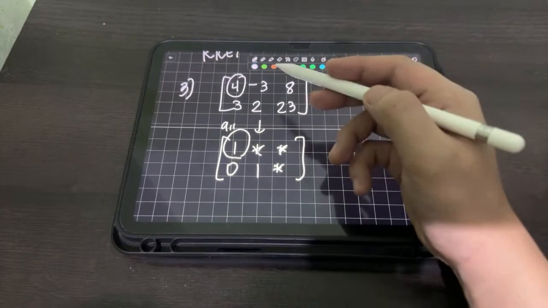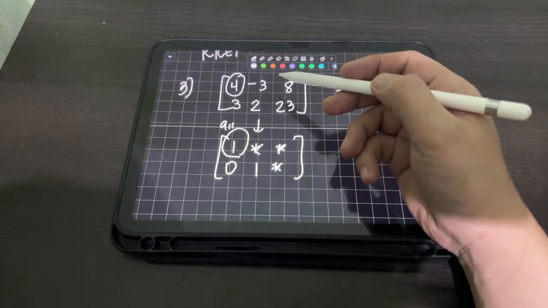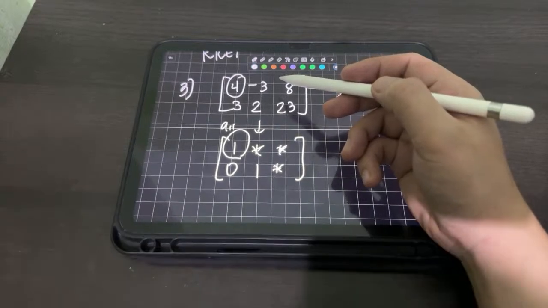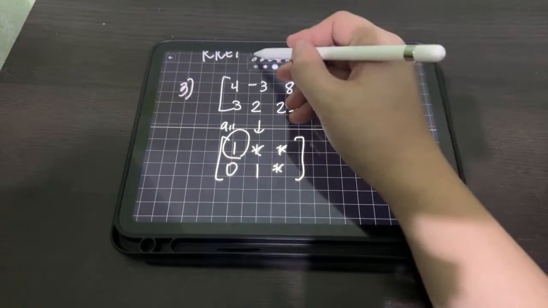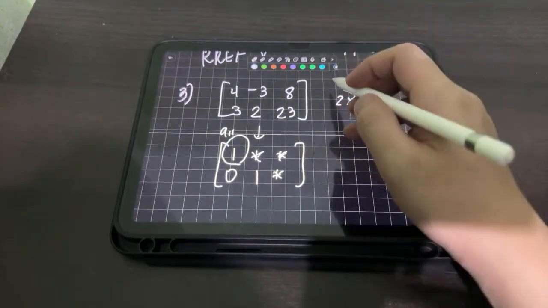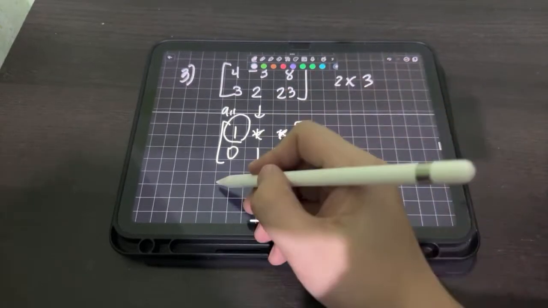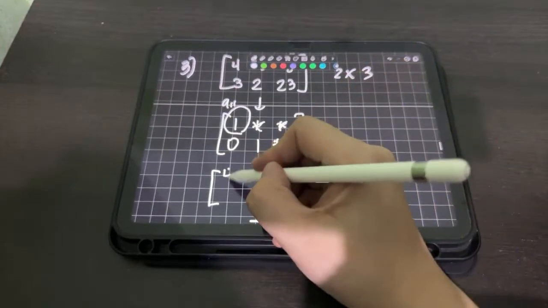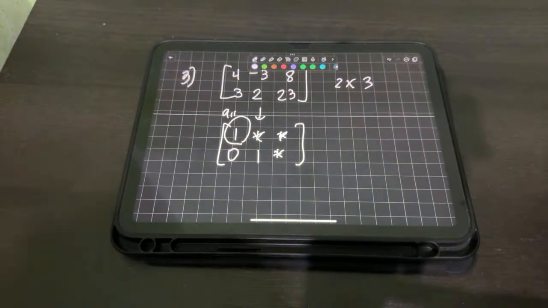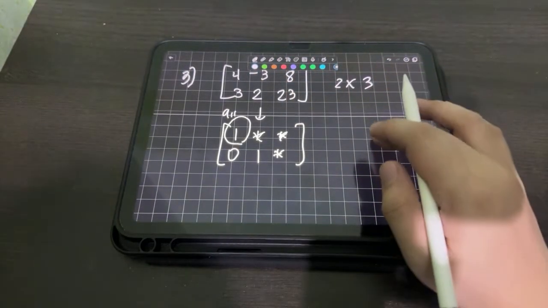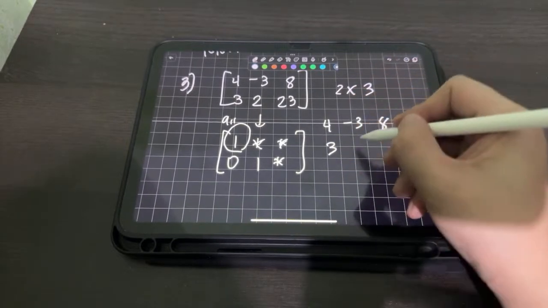We can try to subtract. Let's try to subtract row 1. This is 4, negative 3, 8, and 3, 2, 23.